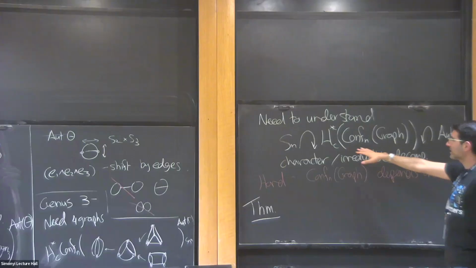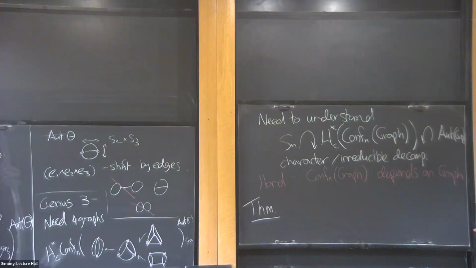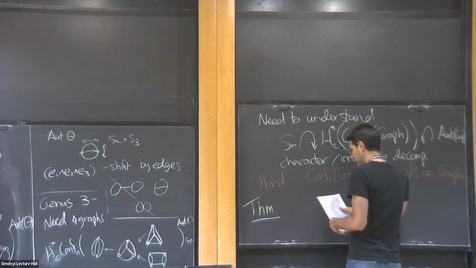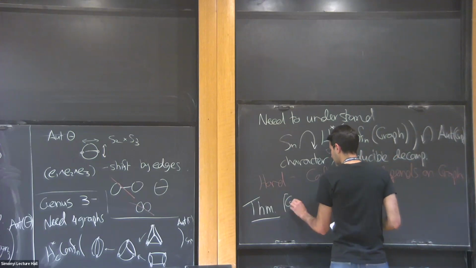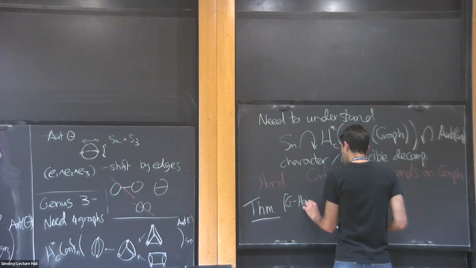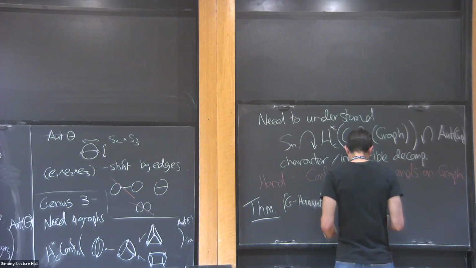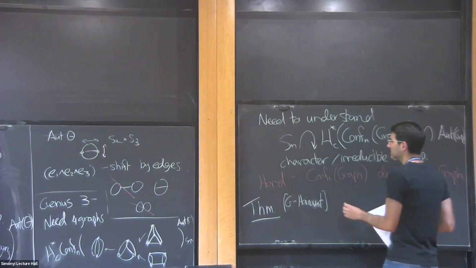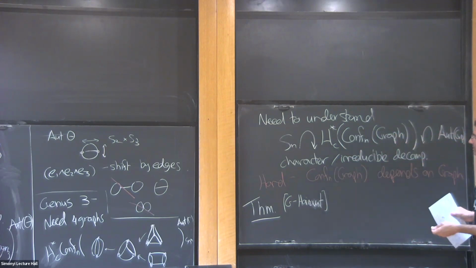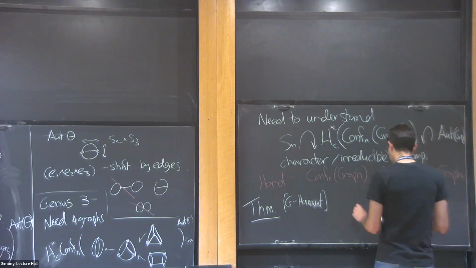So it turns out that because we're looking for compactly supported cohomology, a miracle happens. And this is a theorem that I proved with Louis. And I'll say this informally and then give you an example that explains what I mean.